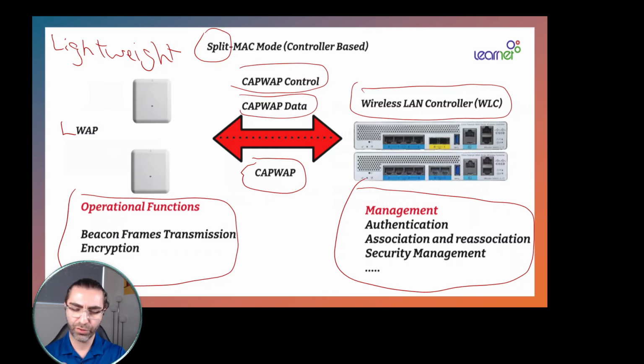The last thing I want to mention is that a wireless LAN controller is not necessarily a separate device. Cisco has introduced many switches, like the 850s and also the 9K switches, that are capable of having a built-in wireless LAN controller. So the wireless LAN controller can be a separate device, or the functions can be built into some switches.